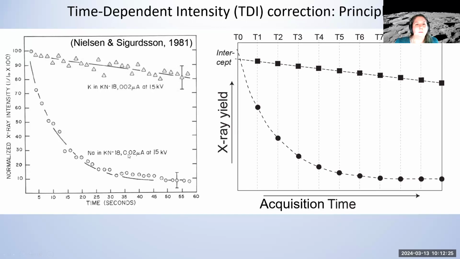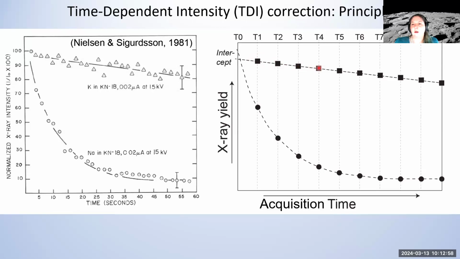Back in the 80s, there was already the suggestion that you just track, monitor and correct this change. The idea is that usually we acquire the data continuously over the time and then integrate it to create a counts per second per nanoamp value that we compare against a standard. But instead of integrating the entire analysis time, we break it into individual intervals.